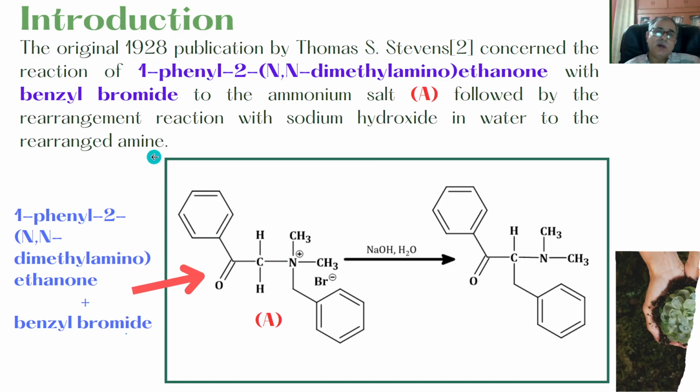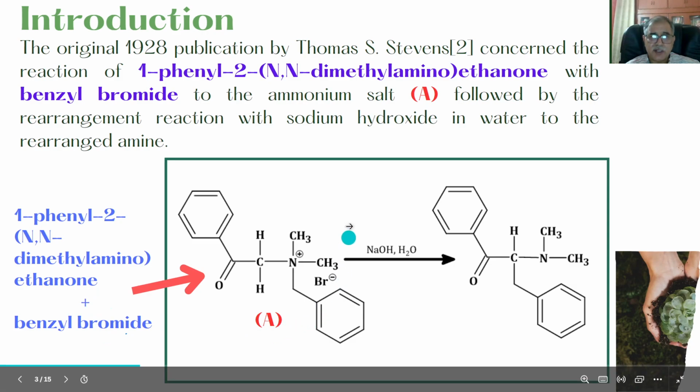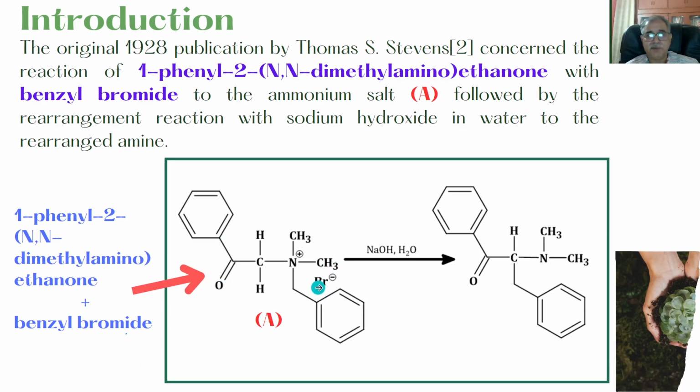That is why this is called a 1,2 migration of one of the groups on nitrogen or sulfur. The original reaction was reported in 1928 by Thomas S. Stevens, and in this reaction, he treated 1-phenyl-2-N,N-dimethylaminoethanol with benzyl bromide, and the corresponding quaternary ammonium salt of this type was formed.